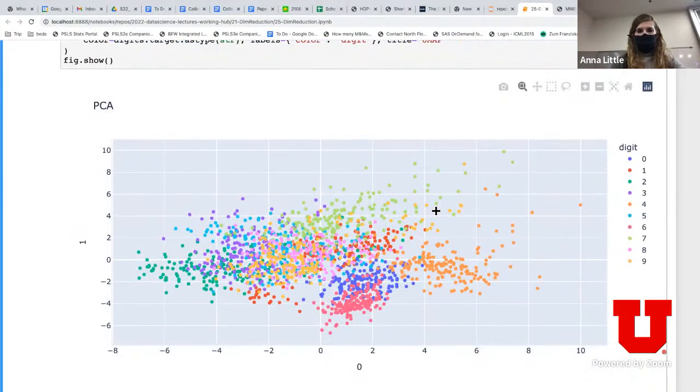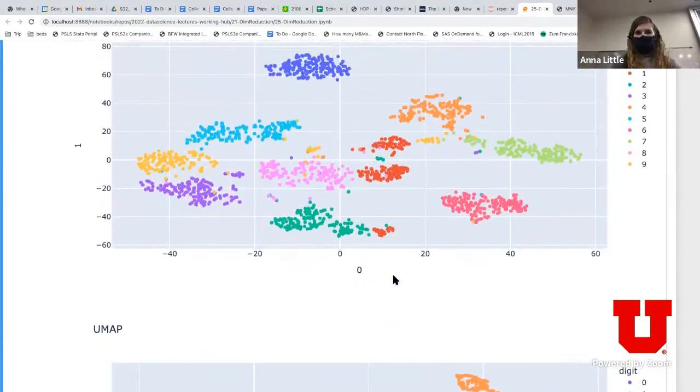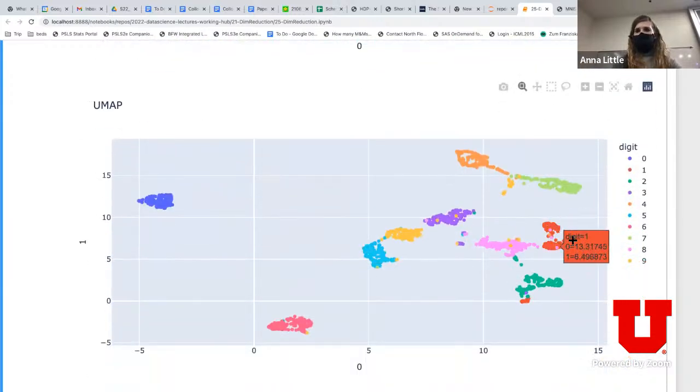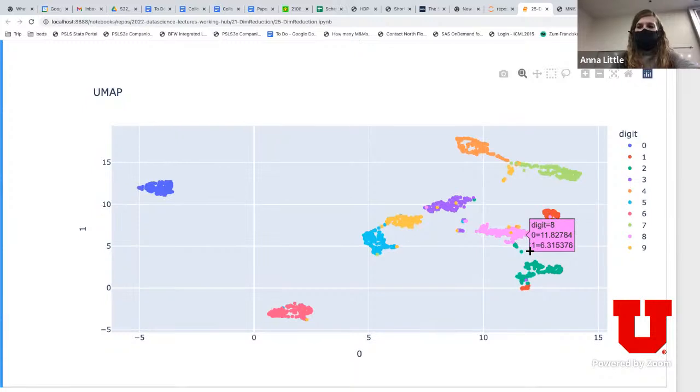Maybe we can see in the PCA plot, the red points are kind of in the middle, so the ones should kind of be in the middle of the other digits. Here they kind of are, but in the UMAP plot they're really not. They've taken data points that were in the middle of the data in the PCA plot and pushed them off to the side. So they're sort of losing some of that global structure in the process.